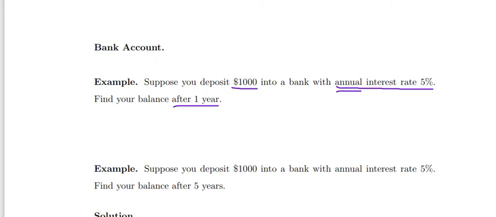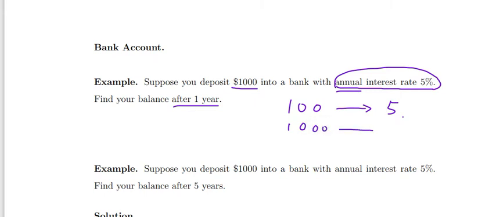There's a 5% interest annually. So this means if you deposit 100, you can get $5 as interest. So if you deposit $1,000, very easy, you can have $50 as your interest, right?